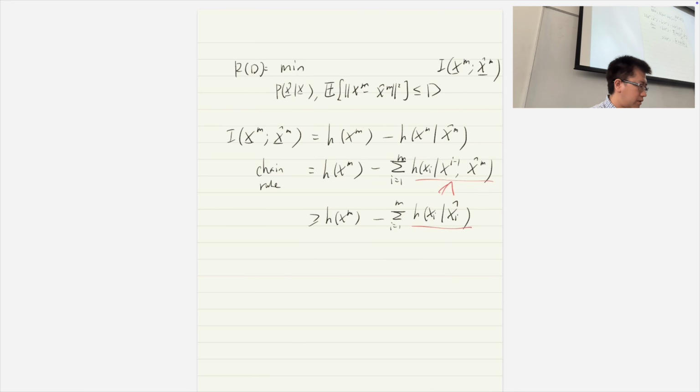And now the problem is much better. This basically equals this, because all the x's are independent.